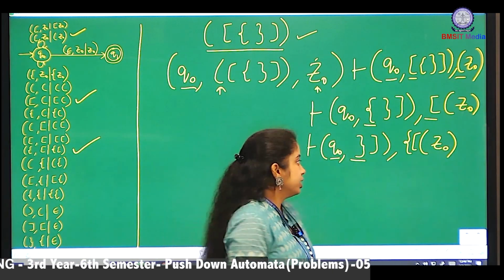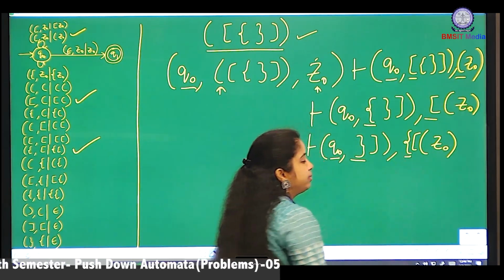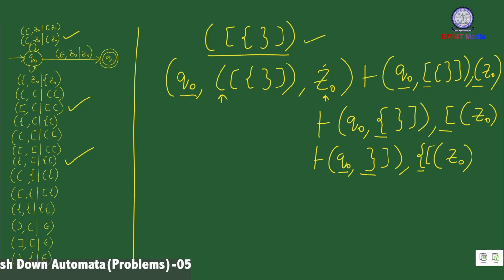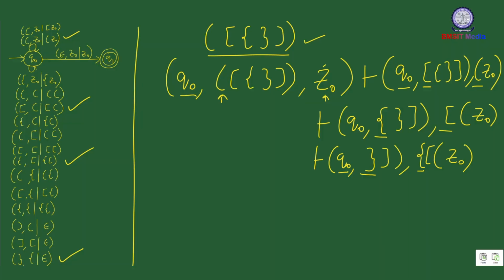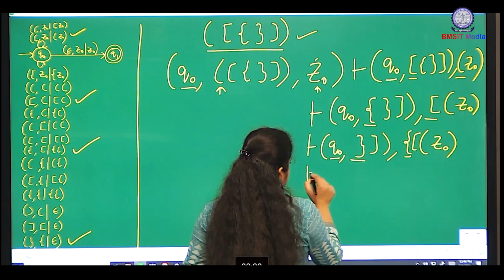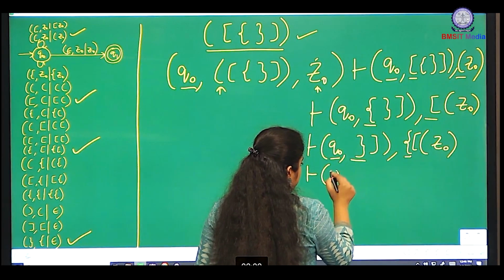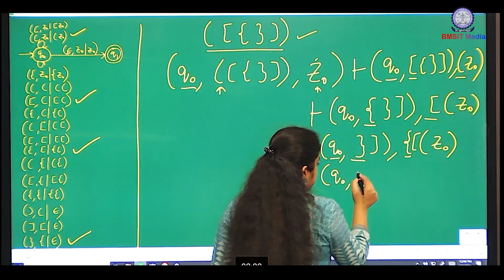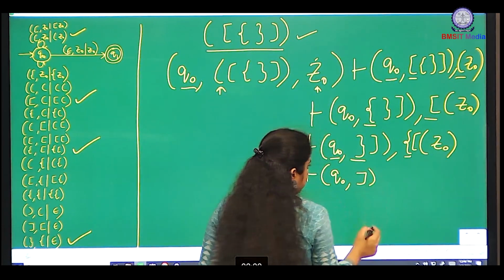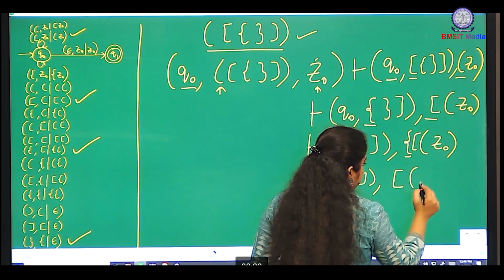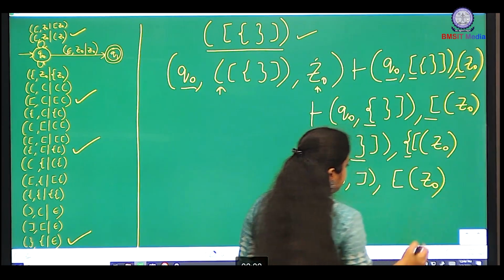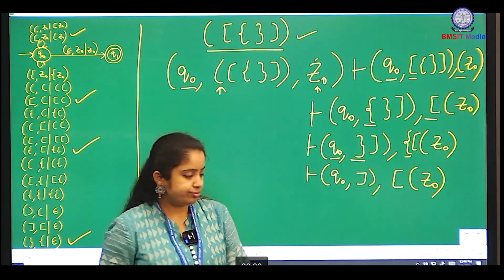What did I say? It should have open curly parenthesis in the stack, then only it can be accepted. So, according to this particular transition, we will perform a pop operation. Q naught, the remaining string is closed parenthesis and you will pop this. So, you will remain with these two symbols on the stack.